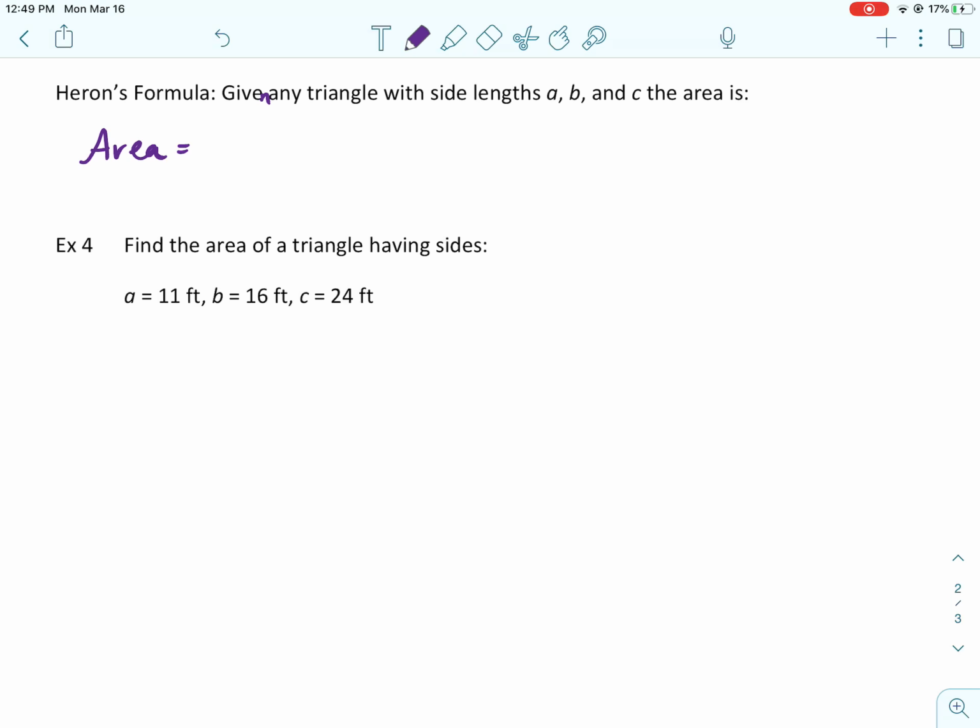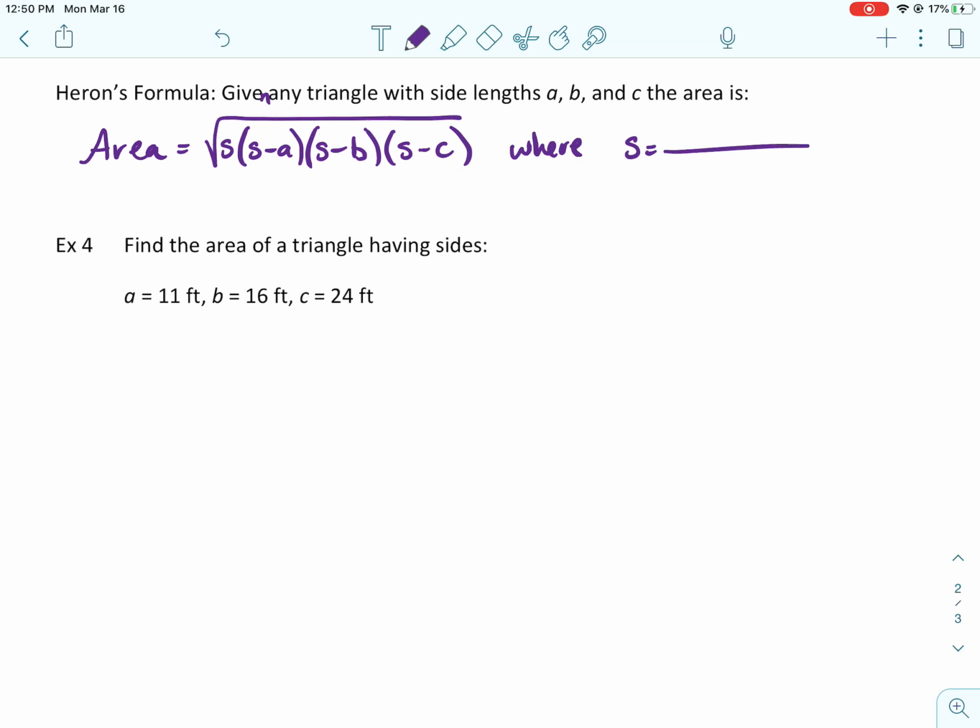So given any triangle with side lengths A, B, C, the area is going to be given by area equals the big long square root of S times the quantity S minus A times the quantity S minus B times the quantity S minus C. All right, and then you also need to know what S is.